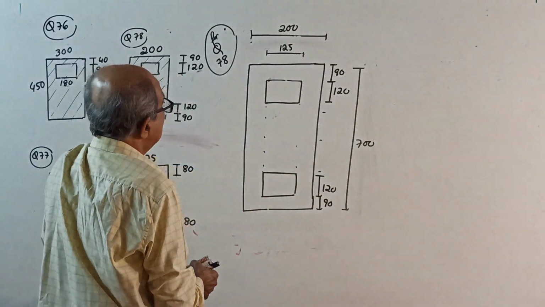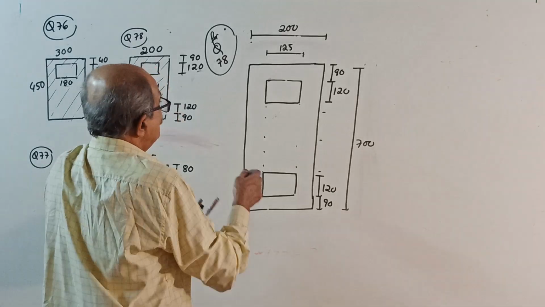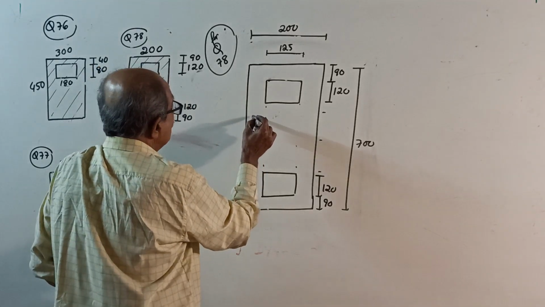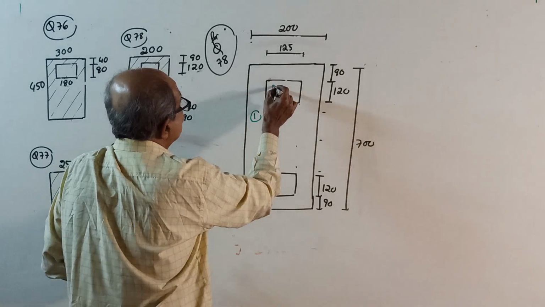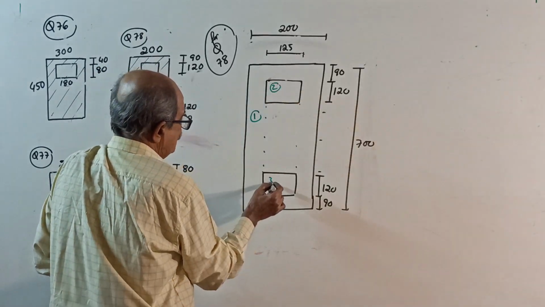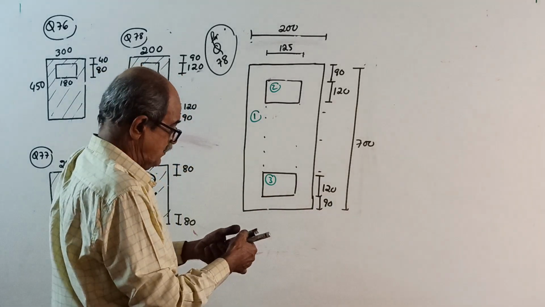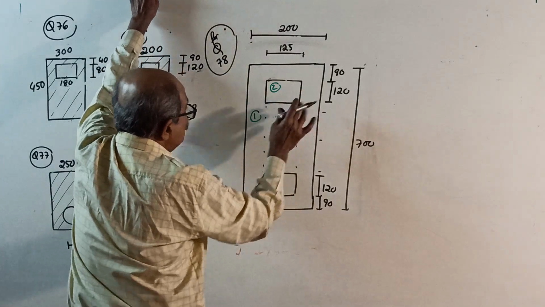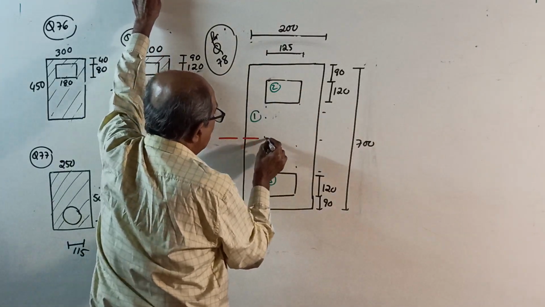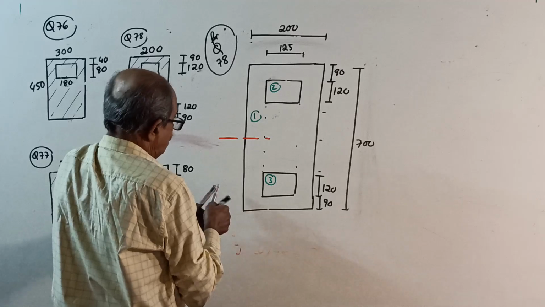I'm not interested. Now, here, you take the full rectangle as 1. This cutout is 2, this cutout is 3. No need of finding any X bar, Y bar. Right here, due to symmetry, XX will come. Before that, see, I forgot.